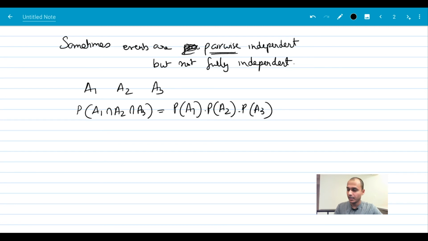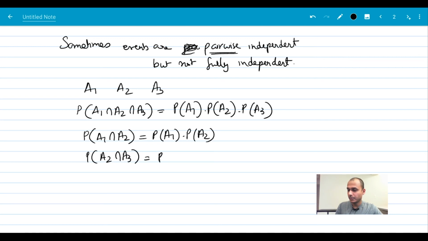Now if these events are pairwise independent, then we know that probability of A1 intersection A2 is equal to probability of A1 times probability of A2, and probability of A2 intersection A3 is the probability of A2 times probability of A3, and probability of A1 intersection A3 is probability of A1 times probability of A3.